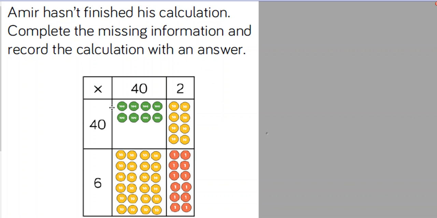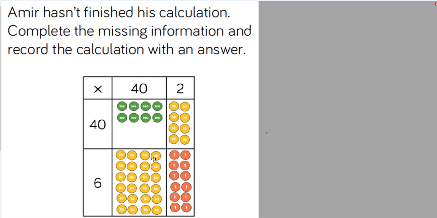He needed to do 40 times 40, which is 1,600. And at the minute, he's only got 800 on there. So he'd need to have 8 more hundreds. 2 times 40 is 80, and I can see 80 there. 6 times 40 is 240.